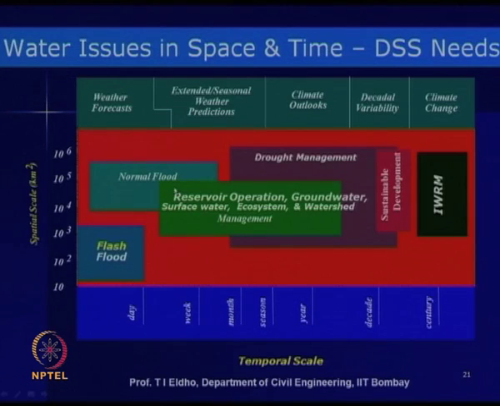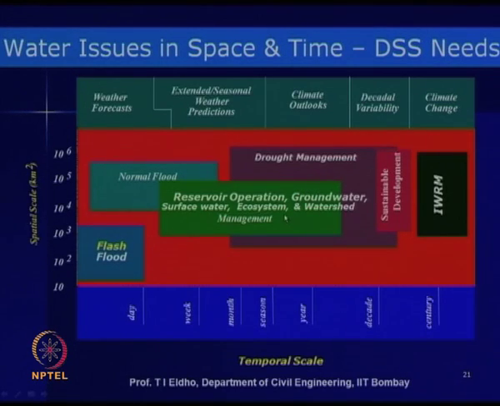Then especially various problems like flood problem or drought problem or water availability problem. So, that various problems we will be considering, and then within the area, river basin scale or watershed scale, if the reservoir is there, how to operate the reservoir, so reservoir operation, then surface water management, groundwater management, then ecosystems management, then of course watershed based management system. So, all these things we can consider within a decision support system.